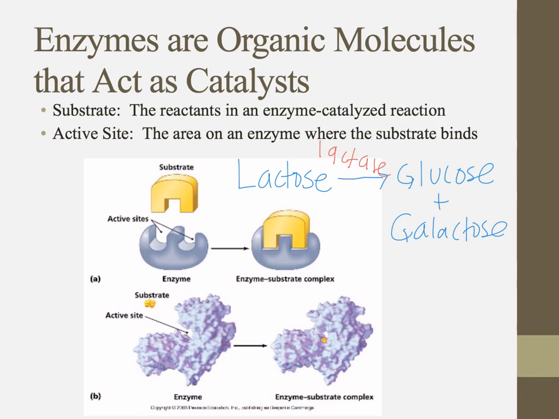Lactase has a very specific active site that will only fit lactose. So you need one enzyme per substrate that you're working with. Lactose fits in perfectly to this active site on lactase.